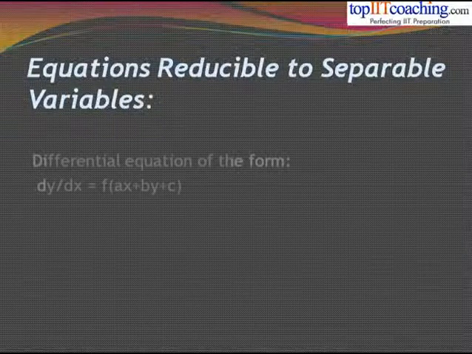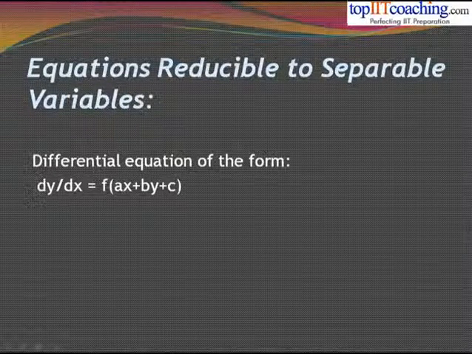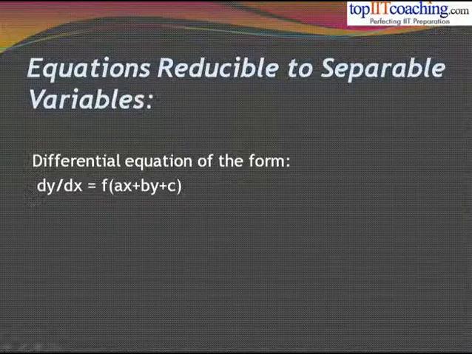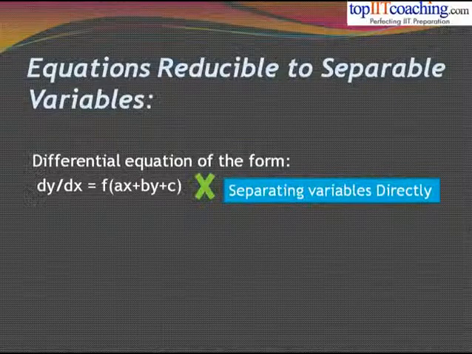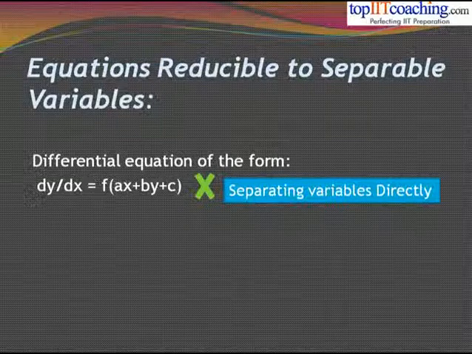Let's see. If the differential equation is of the form dy by dx equal to f of (ax plus by plus c), that is dy by dx is a function of ax plus by plus c, then we cannot solve this by separating variables directly, as we cannot split it into a function of x and a function of y.